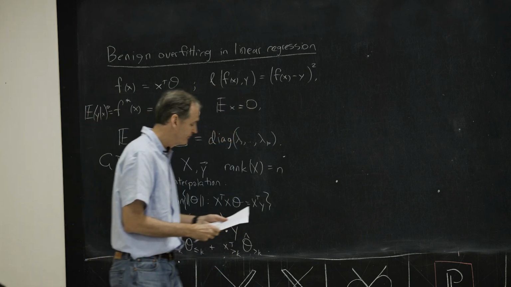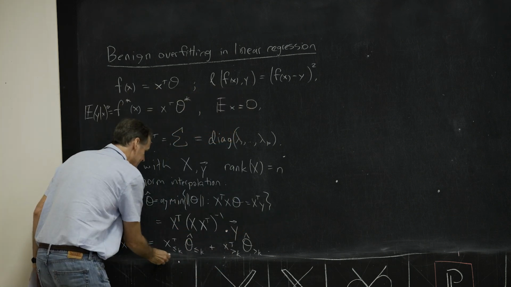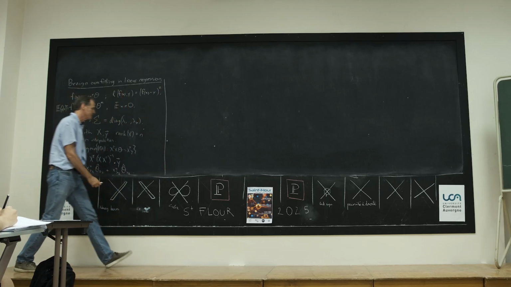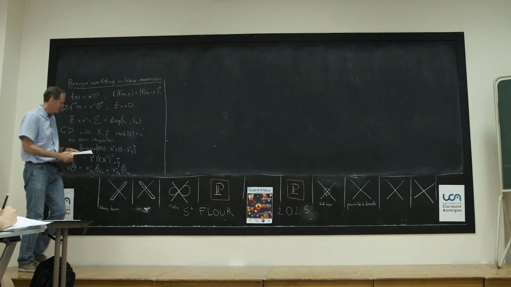So this is just fixing a k and considering what happens in these two subspaces, what happens with these two components of our prediction rule.